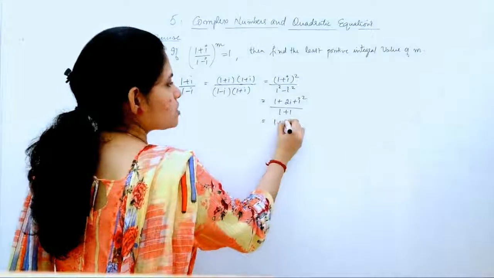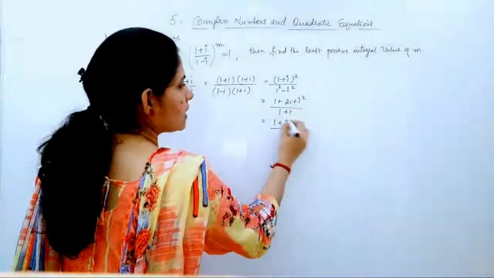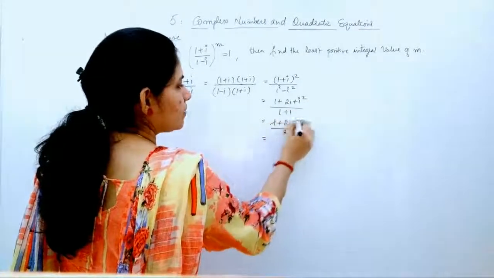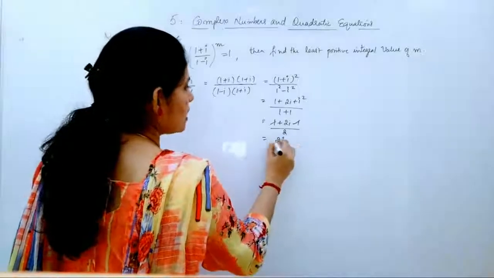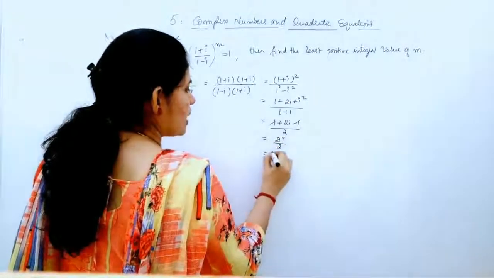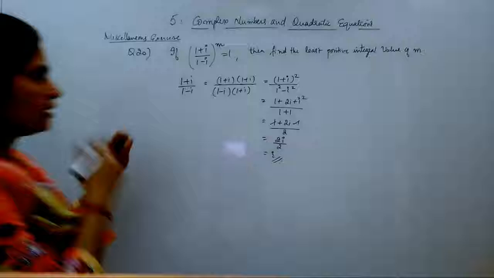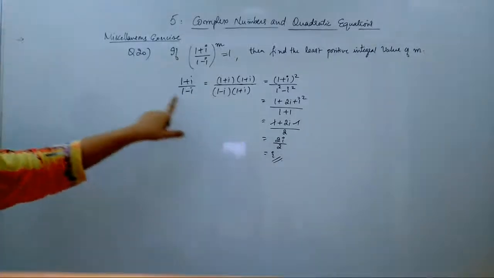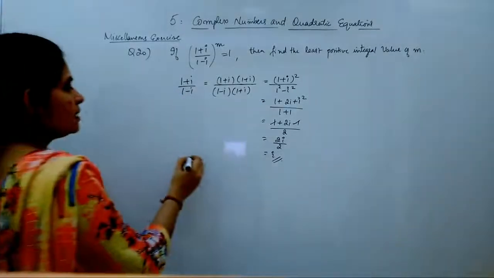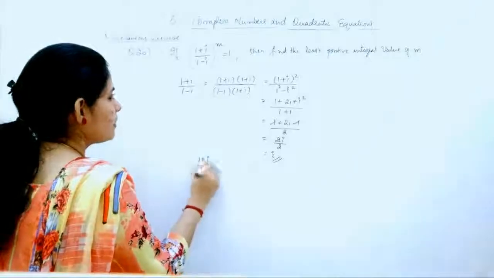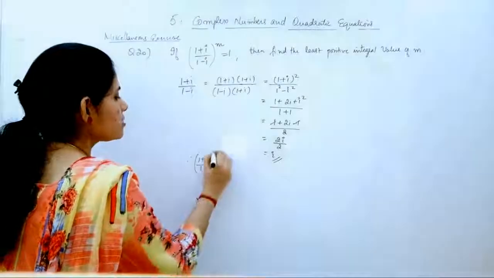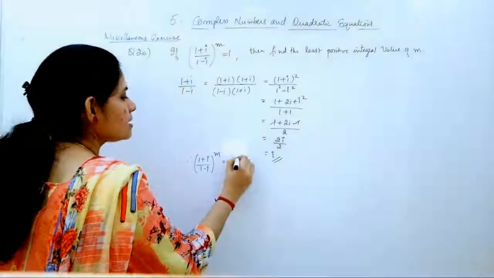So 1 + 2i − 1 divided by 2. The 1 and −1 get cancelled, you will get 2i/2, which is equal to i. So your term (1 + i)/(1 − i) reduces to i. Therefore, ((1 + i)/(1 − i))^m will be i^m.